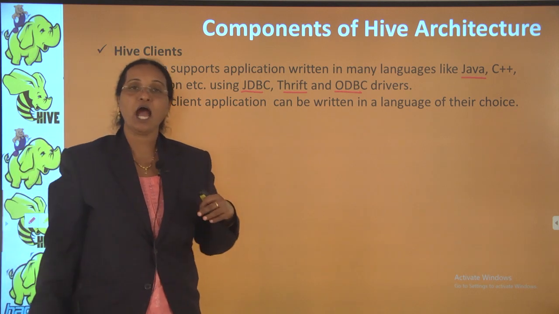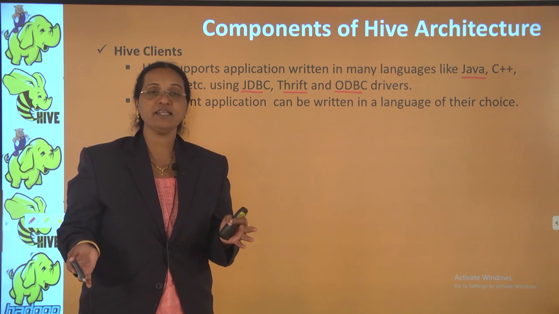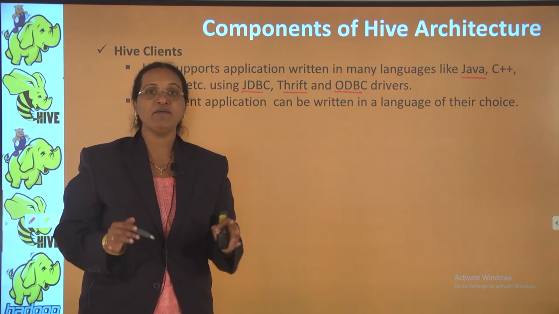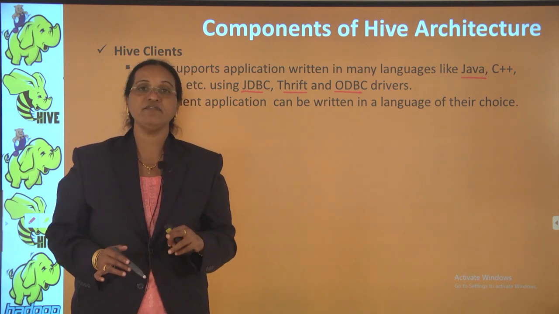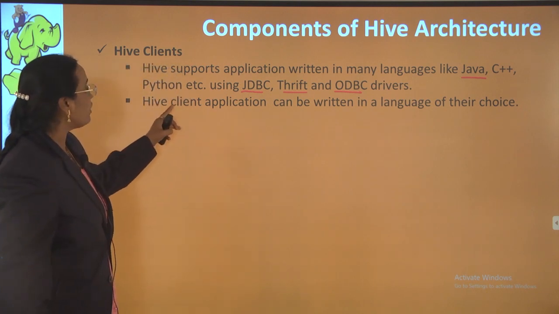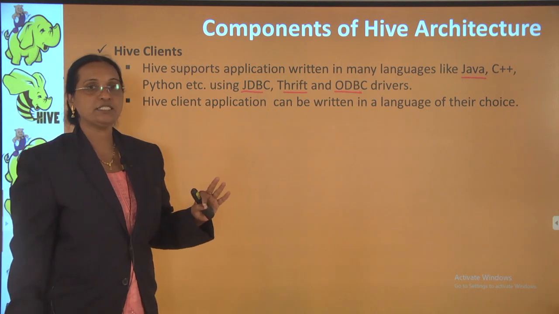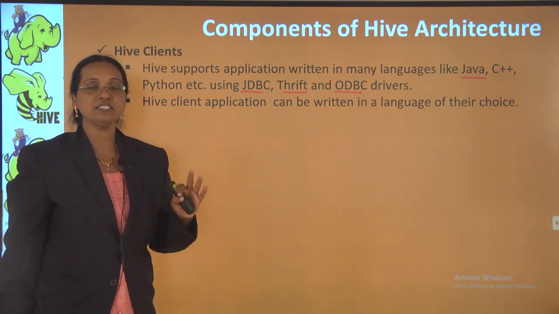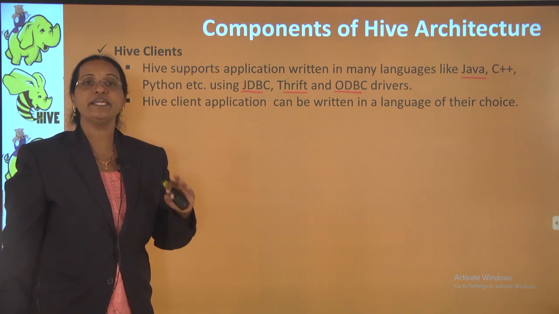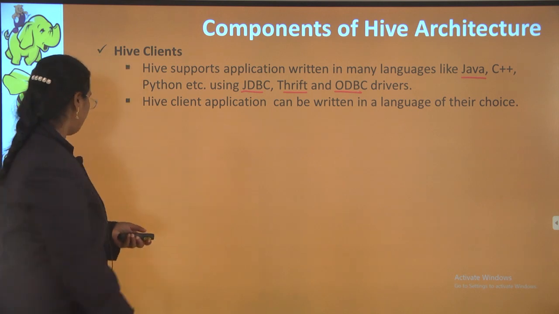People who already have knowledge of JDBC and ODBC connections when writing a Java program will have a good understanding of why there is a need for drivers. A Hive client application can be written in the language of their choice. That means whatever programming language you want to use is purely the user's choice.